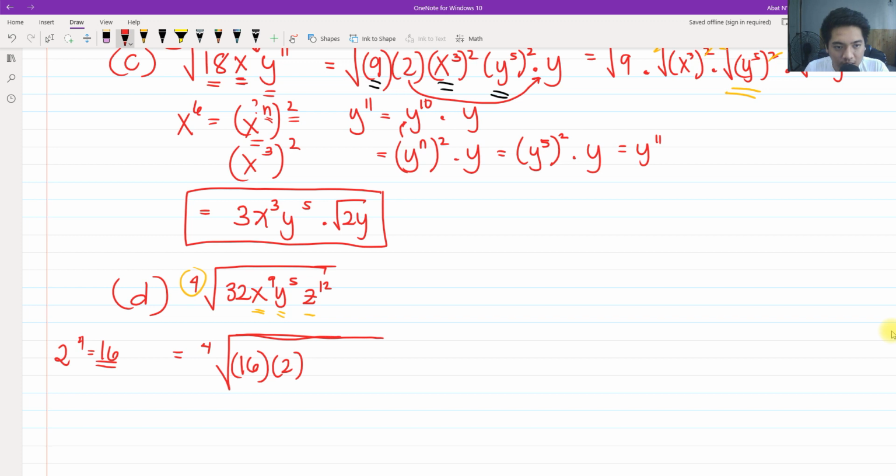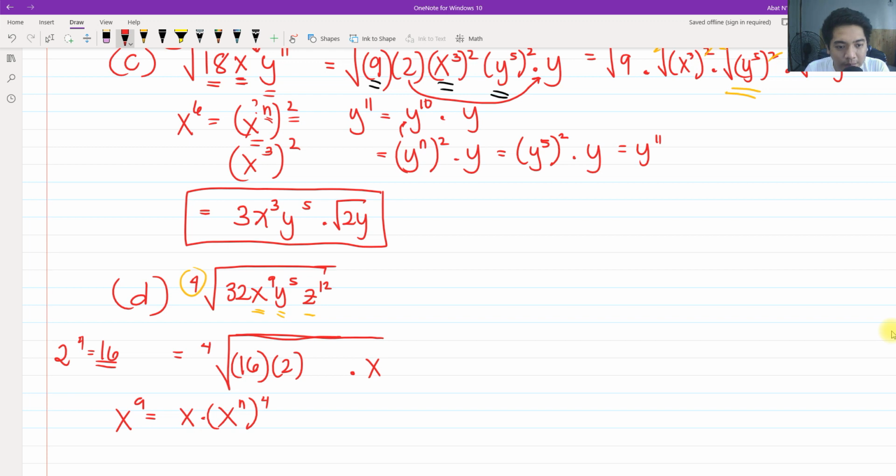And what we are going to do next is, for this x raised to 9, we need to split off another x in order for the exponent to become even, because we have an even index. So I'm going to rewrite x raised to 9 as x multiplied by x raised to n, all raised to 4.